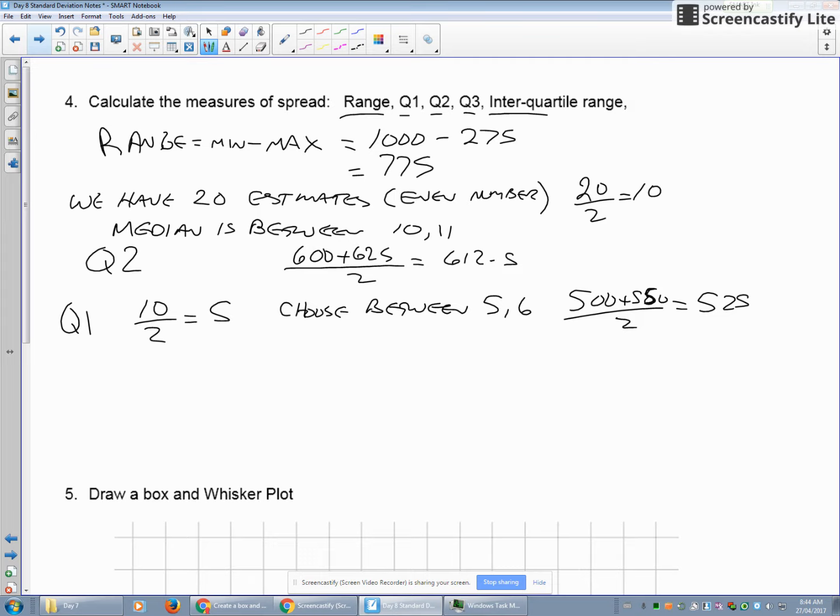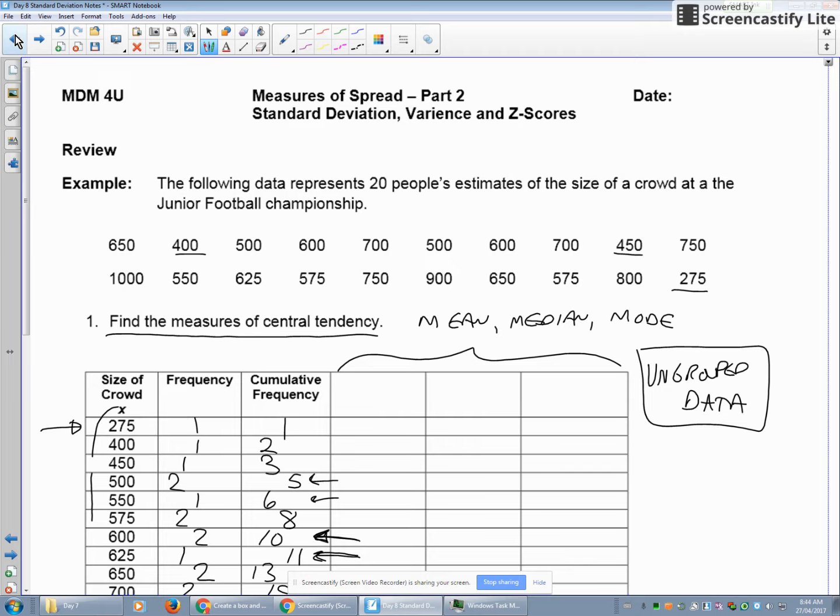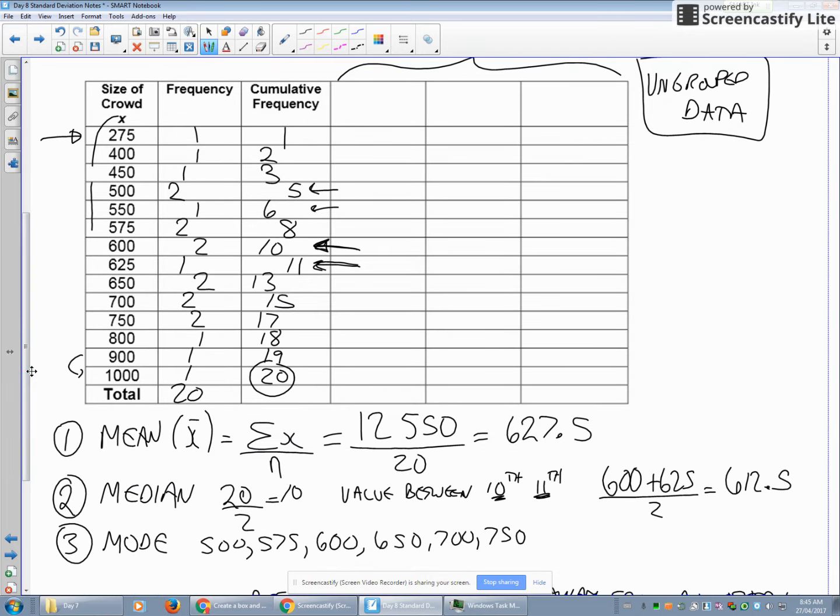It's greater than 1/4 of the estimates that were made. And finally, our quartile 3: again, there are 10 data points in the second half, which means I'm going to be looking between the 15th and 16th estimates. My 15th estimate from my data was 700.